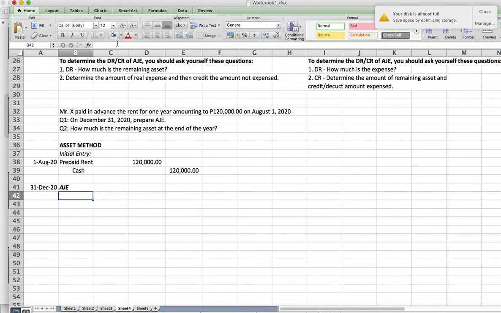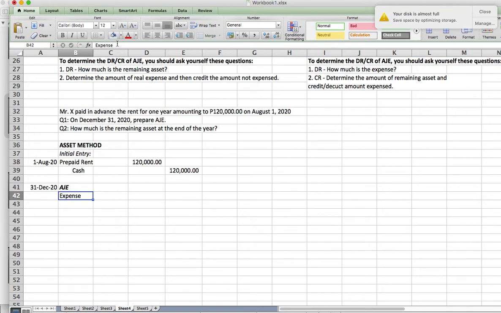Ang tanong, di ba pag asset method, isipin mo kung ano yung kabaliktaran niya. Asset, edi expense. Ang tanong, ilan ang expense? Ano ba ang adjusting journal entry natin dito? Debit. Dapat memorize nyo na. Debit, expense. Bakit debit expense?